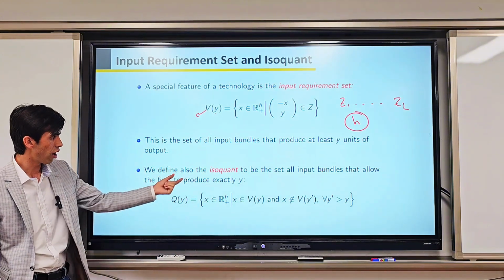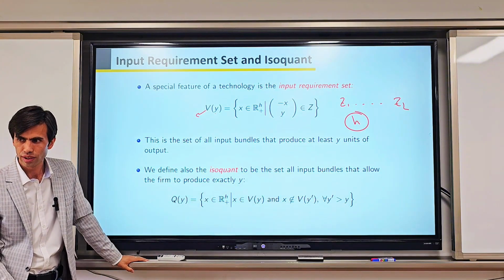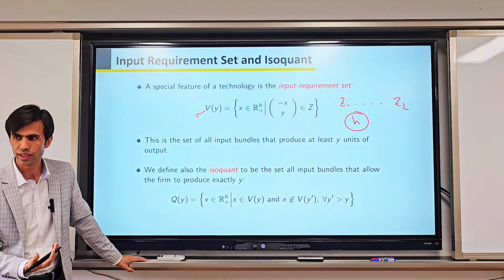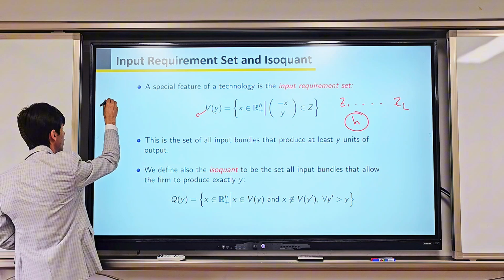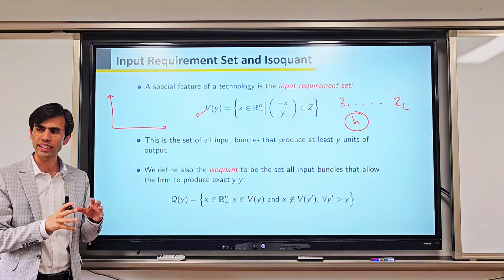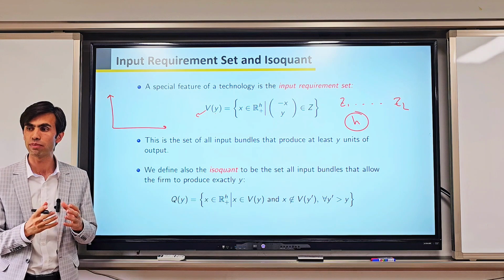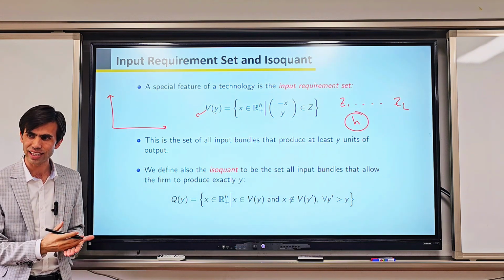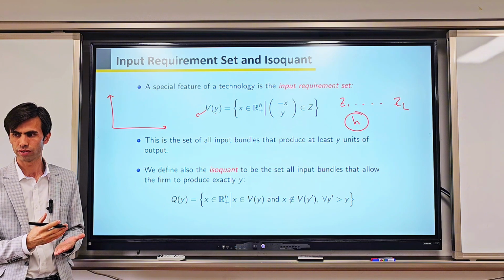And also we have the isoquant. What is the isoquant? Isoquant is a curve, a level curve. What it shows is all the different combinations of input that produce exactly the same amount of output.